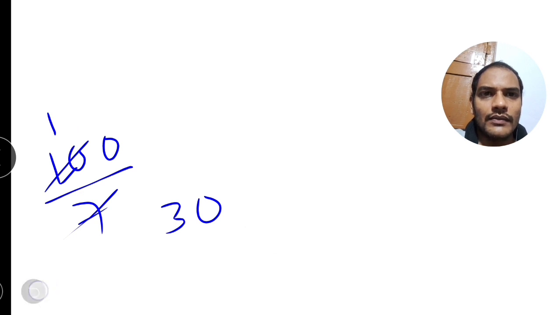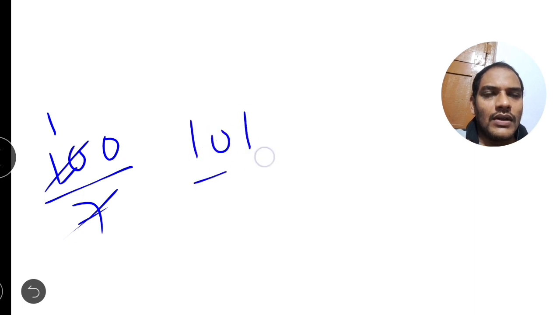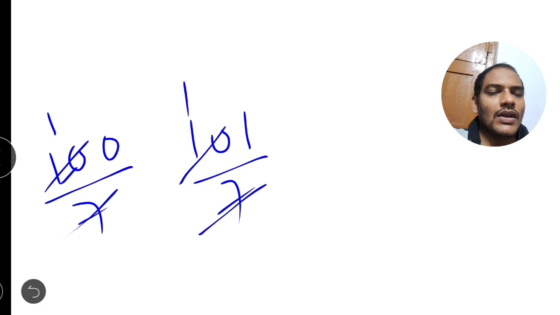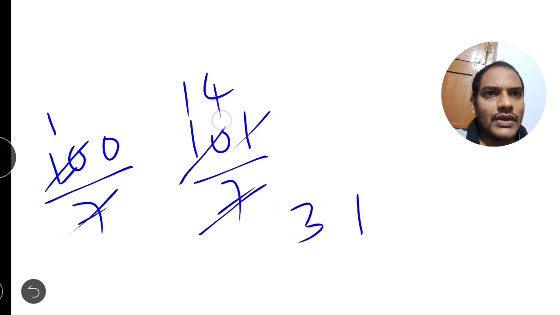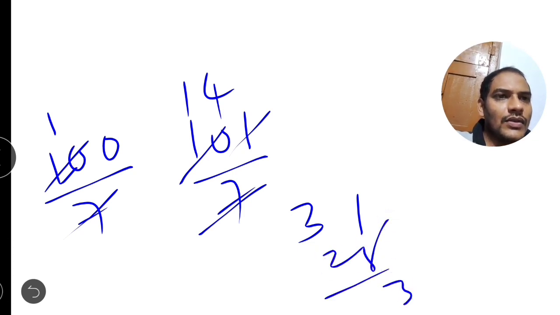So next, 101 by 7. 7 ones are 7, remainder 3. Next digit 1. 7 fours are 28, remainder 3. So for remainder 3, if you add 4, definitely it is divisible by 7.